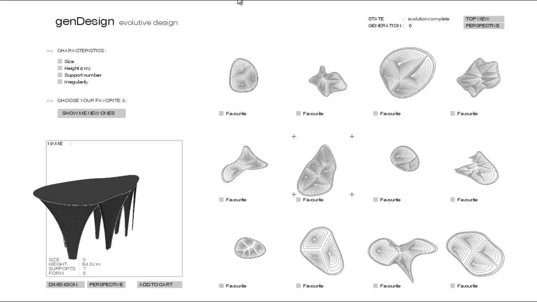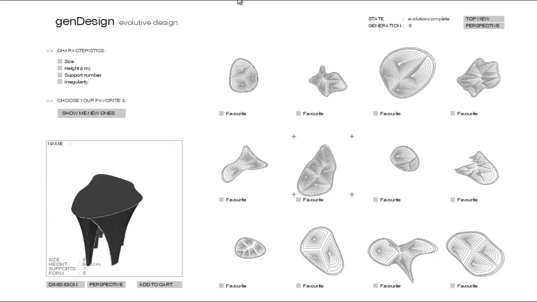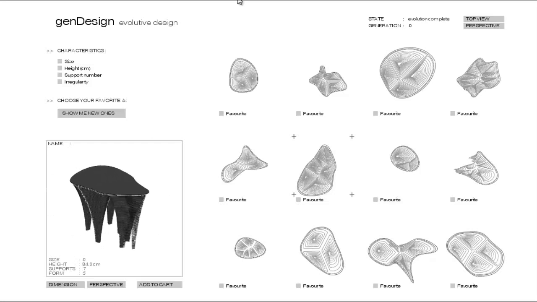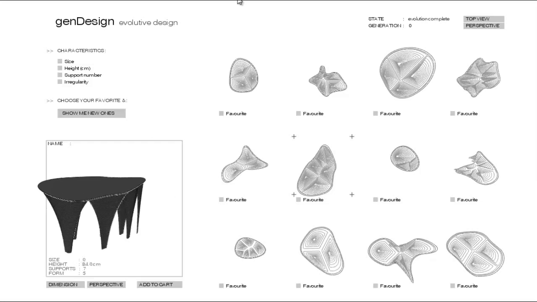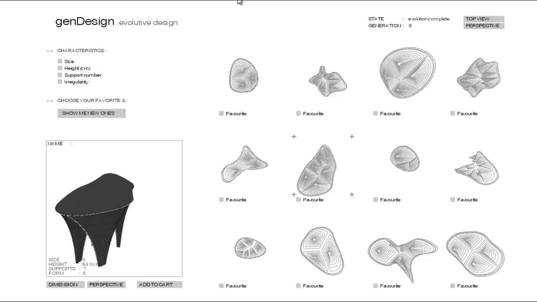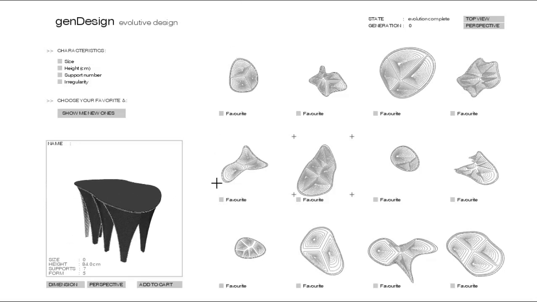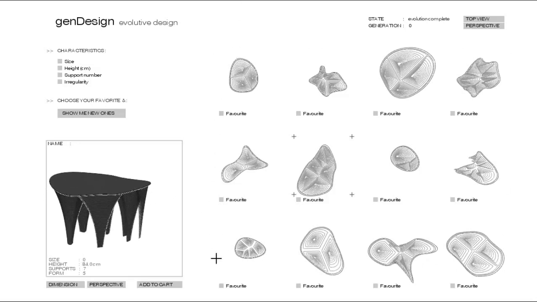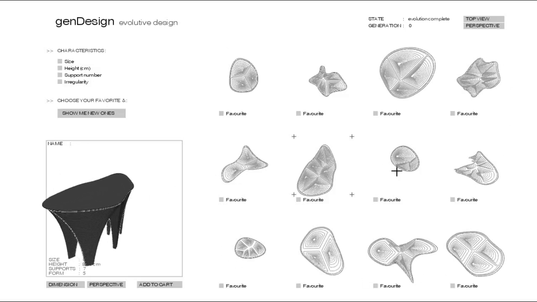Now I'm going to show you a similar project that consists of the design of a table using genetic algorithms. Here you can see the interface, where we can see the whole population, which consists of 12 individuals.